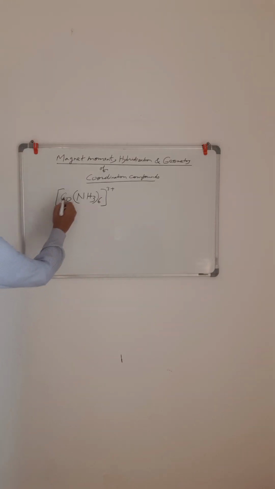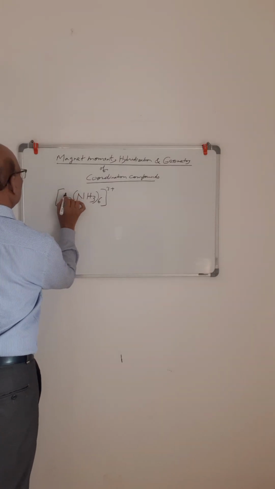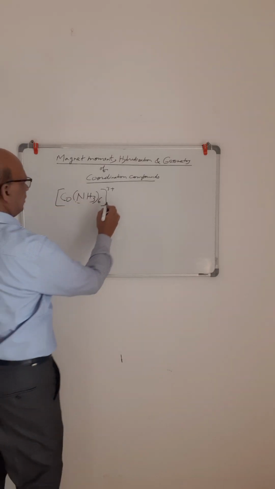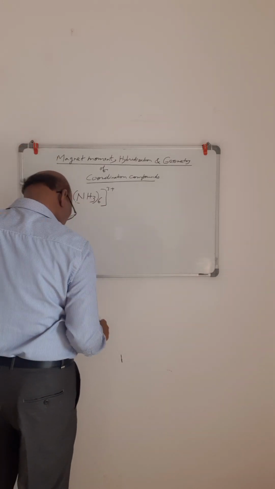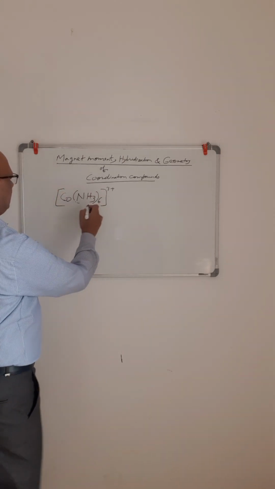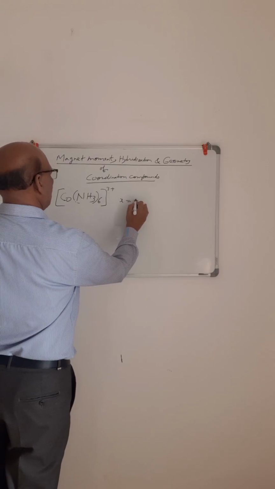Okay, we know that ammonia is a ligand which is neither strong field nor weak field. It is on the border, but it acts as a strong field ligand in the presence of cobalt when present in the higher oxidation state of +3. Here the oxidation state of cobalt is +3.